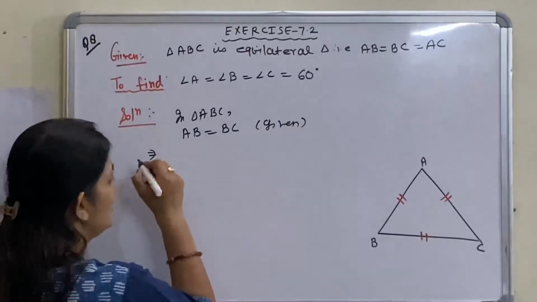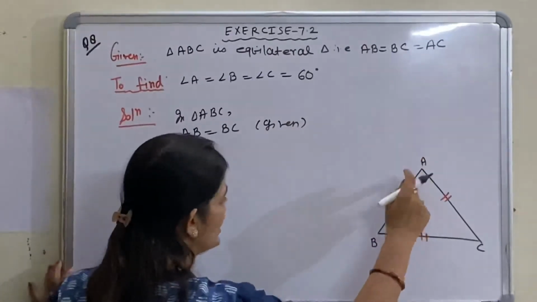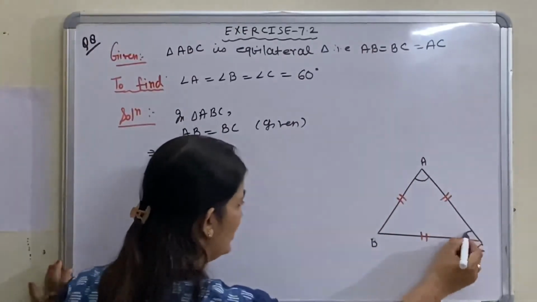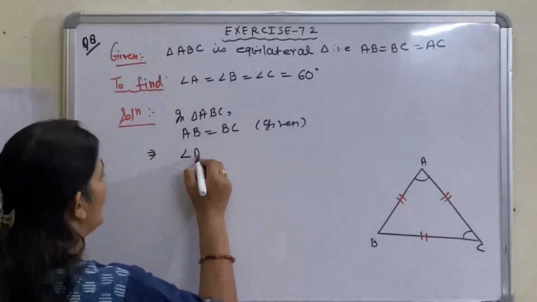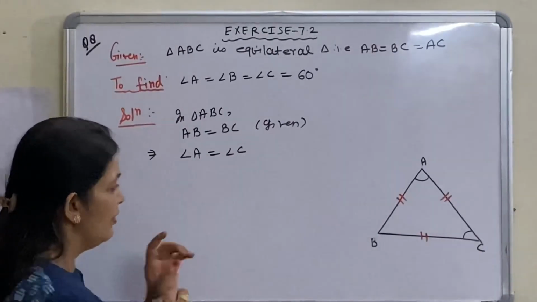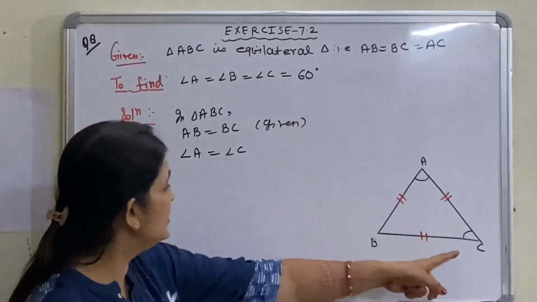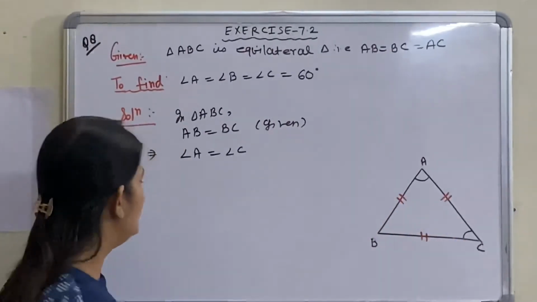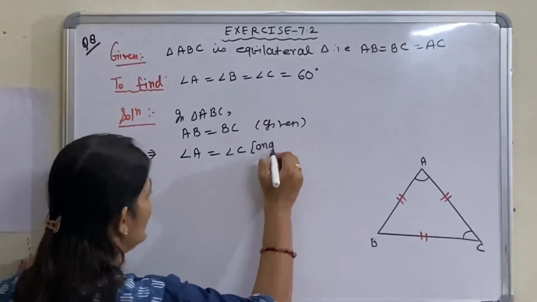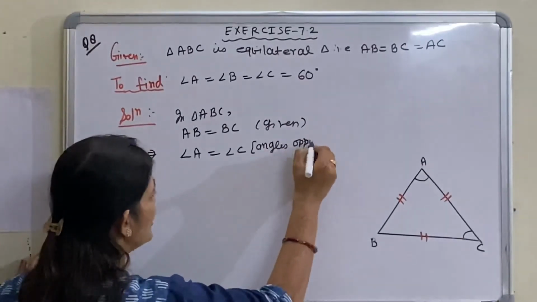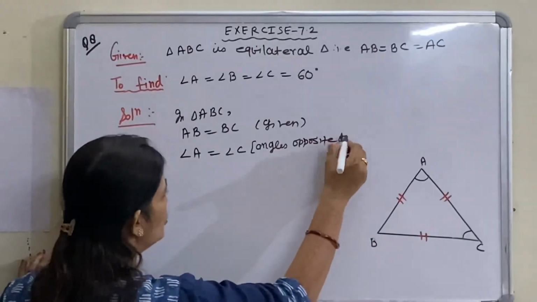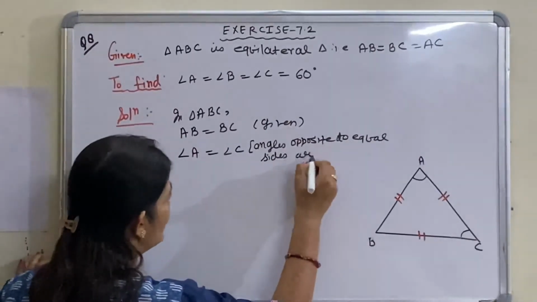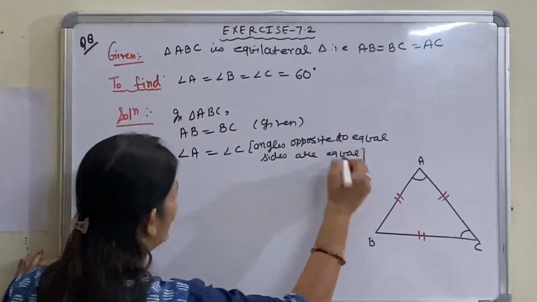So there implies angle A is equal to angle C. When we took AB equal to BC, angle A became equal to angle C. Reason: angles opposite to equal sides are equal. Right students?